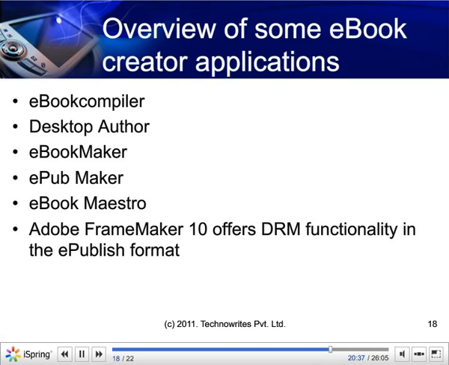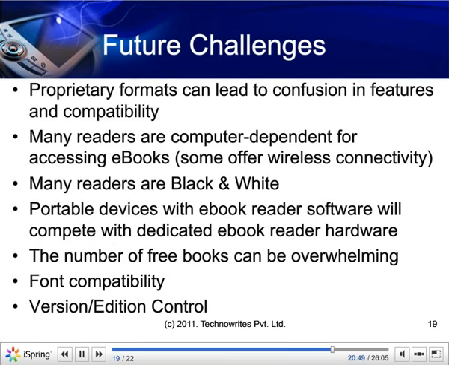So ebook compiler, desktop author, ebook maker, EPUB maker, and so on. As I mentioned earlier in this presentation, Adobe FrameMaker version 10 offers DRM functionality because it can help you to generate ebooks in the EPUB format.